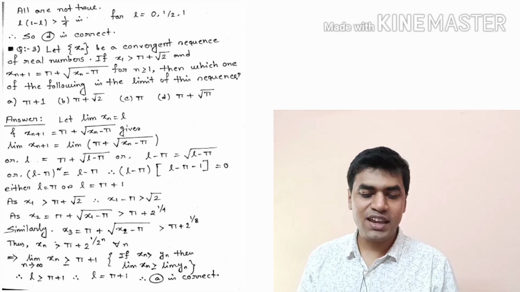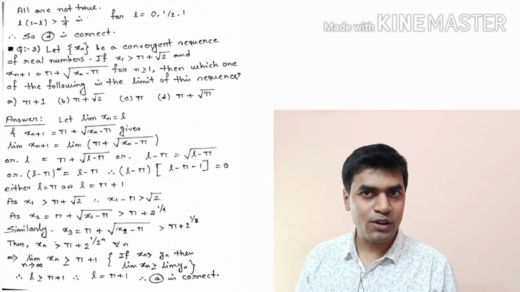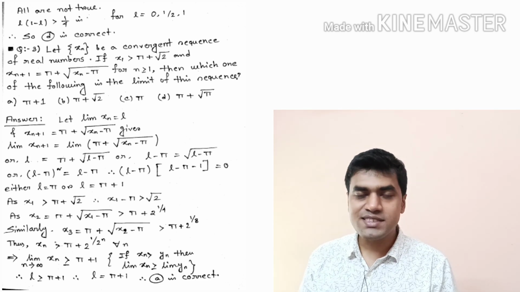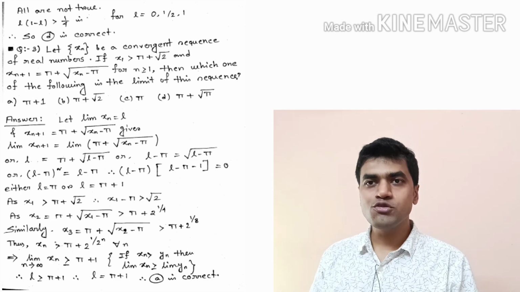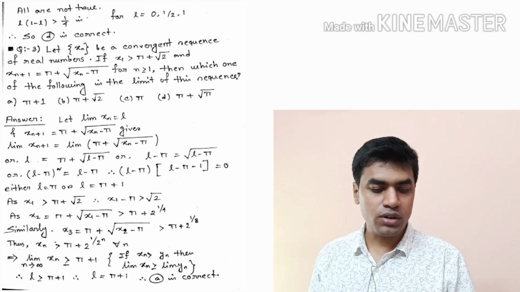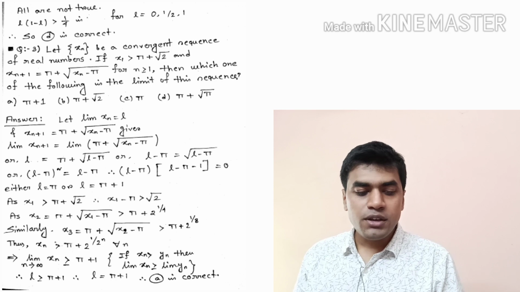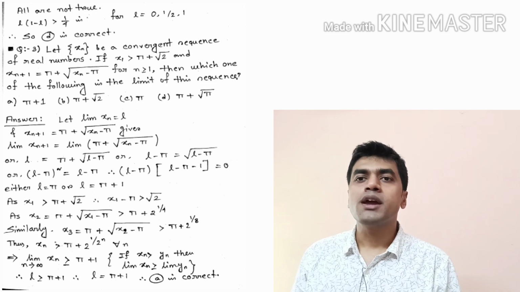Similarly, we can get x3 > pi + 2 to the power 1/8. Thus, xn > pi + 2 to the power 1/2^n when we generalize the result. Now limit as n tends to infinity is greater than or equal to pi + 1.